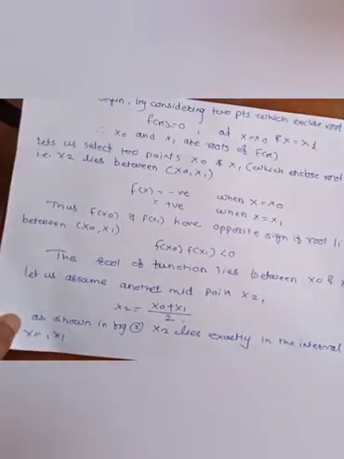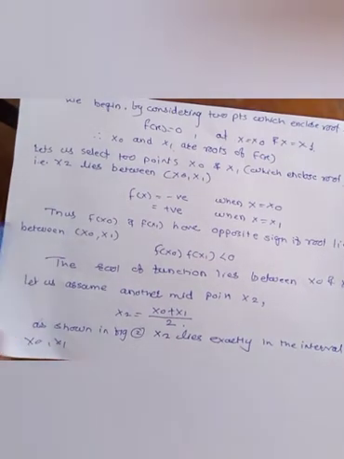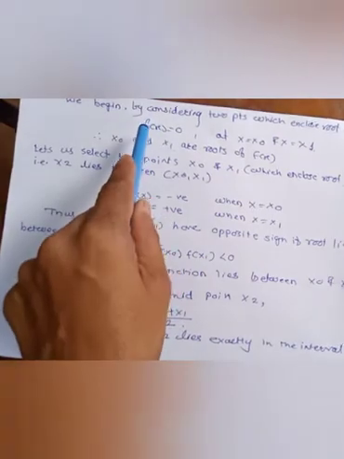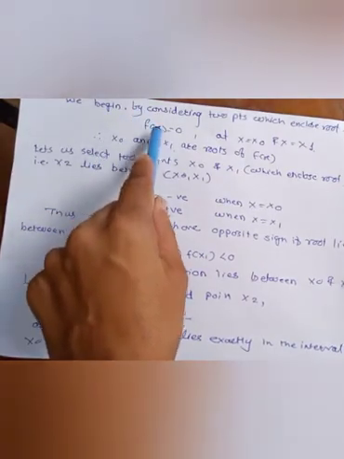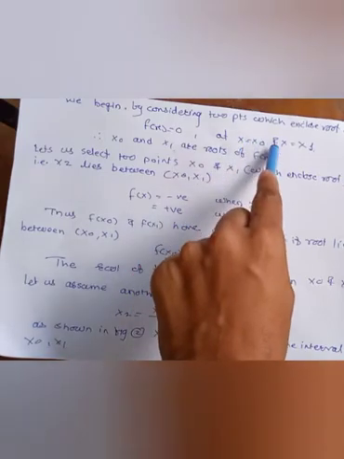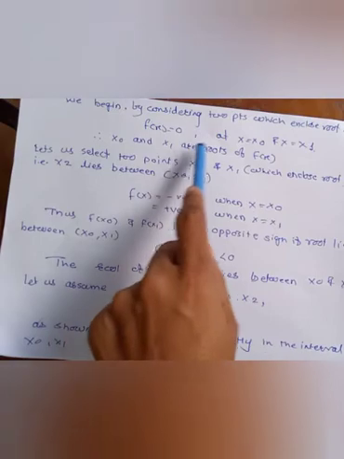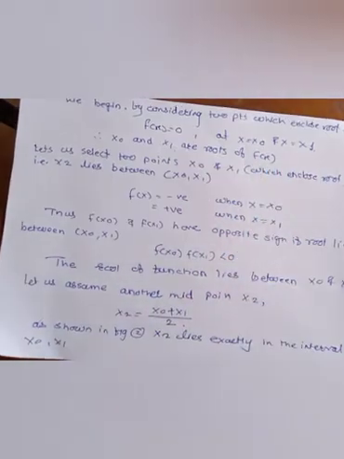Let us begin by considering 2 points which enclose a root. If the function f of x is equal to 0 at x equal to x0 and x equal to x1, then x0 and x1 are the roots of function f of x.